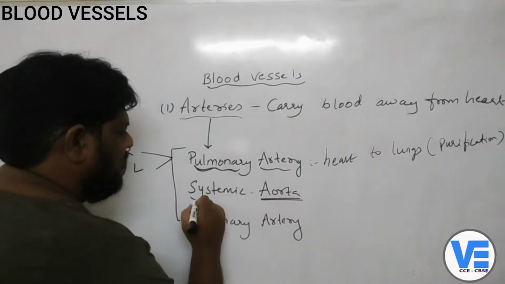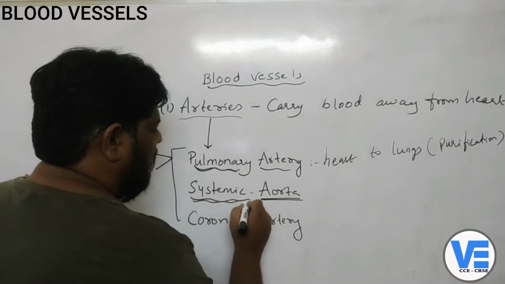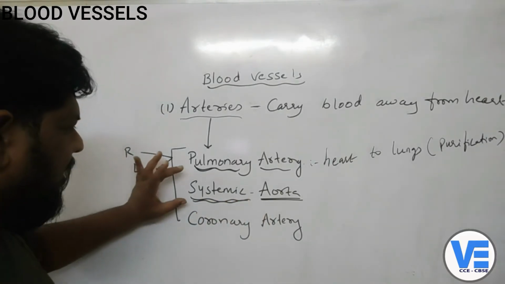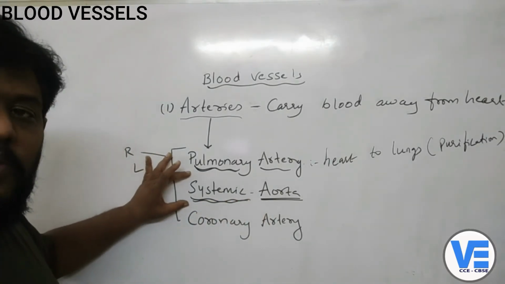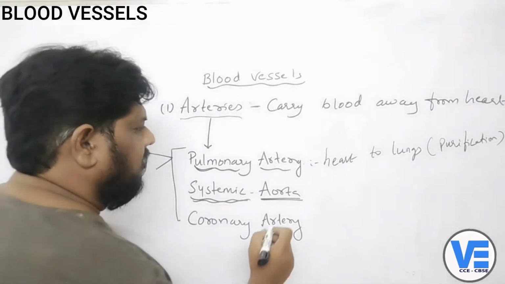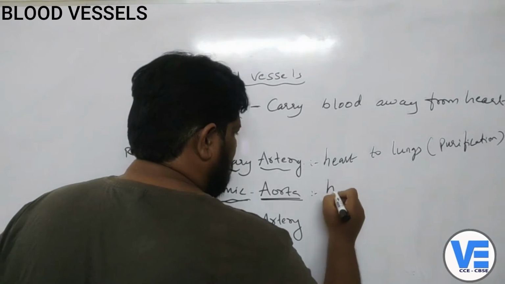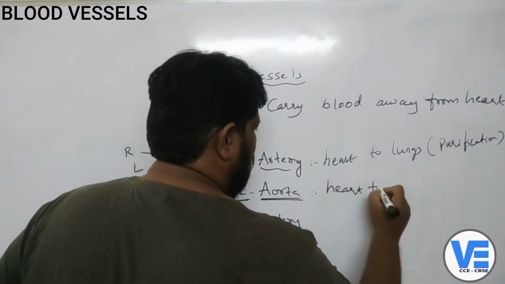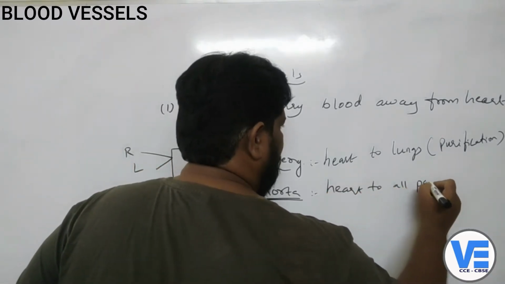The second thing is the systemic aorta. The systemic aorta is the large blood vessel which takes the blood away from the heart to all parts of the body.